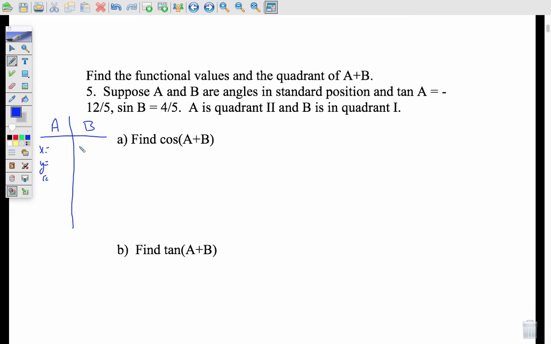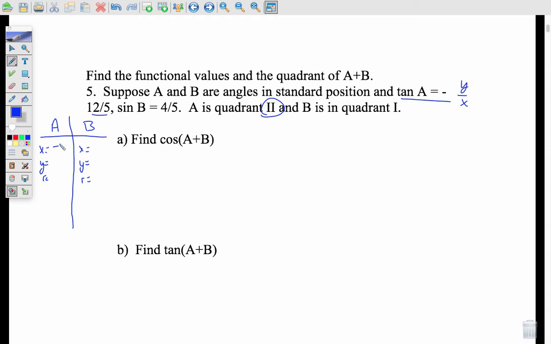So I'll make my little t-chart over here for angles A and B and use our Pythagorean theorem to find any missing values. Tangent of A is negative 12/5. Tangent is y over x.